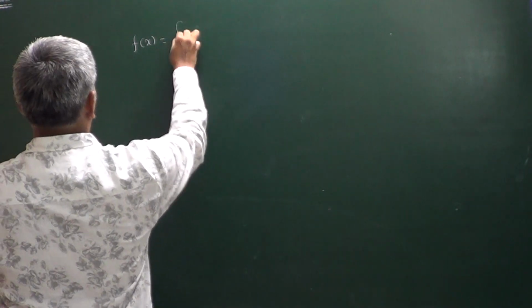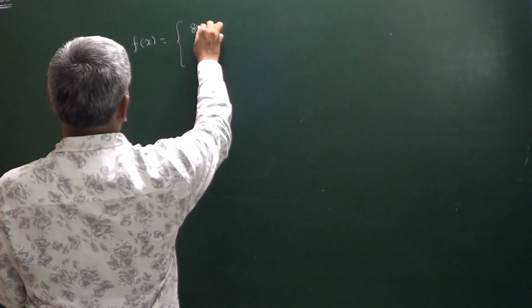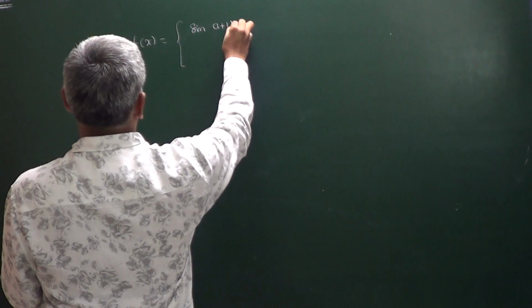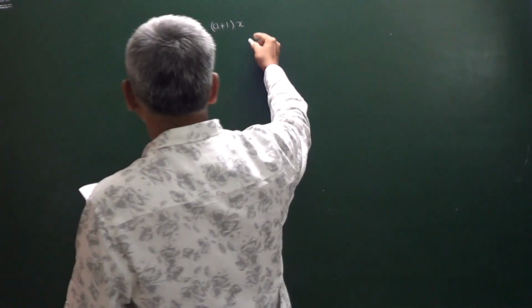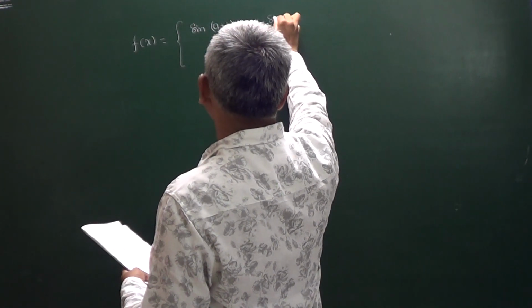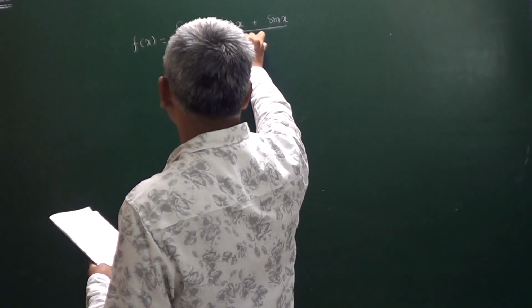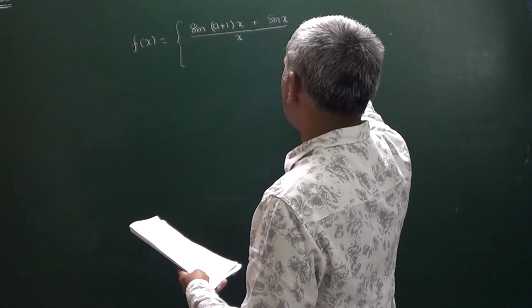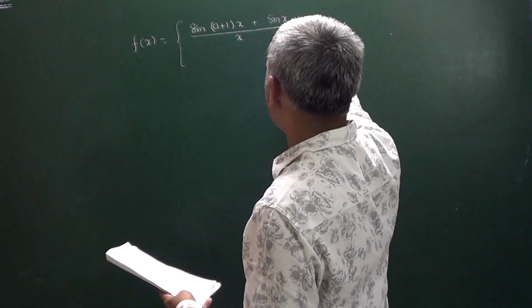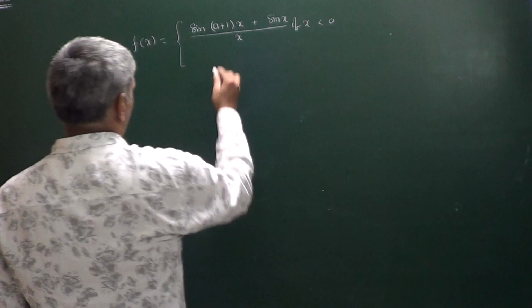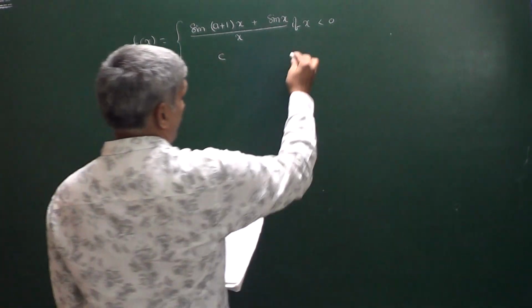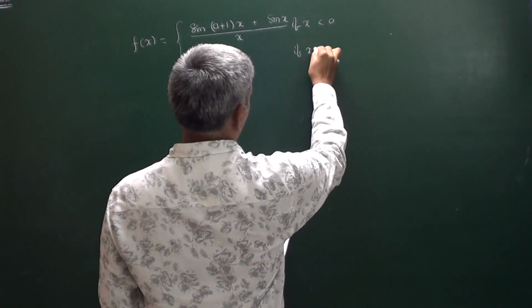f of x is equal to sin((a plus 1)x) plus sin x, divided by x, when x values are less than 0. That is given as c when x is equal to 0.